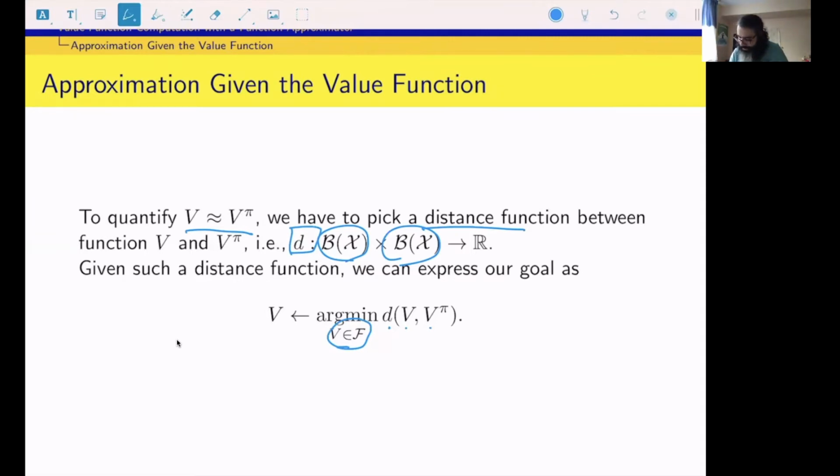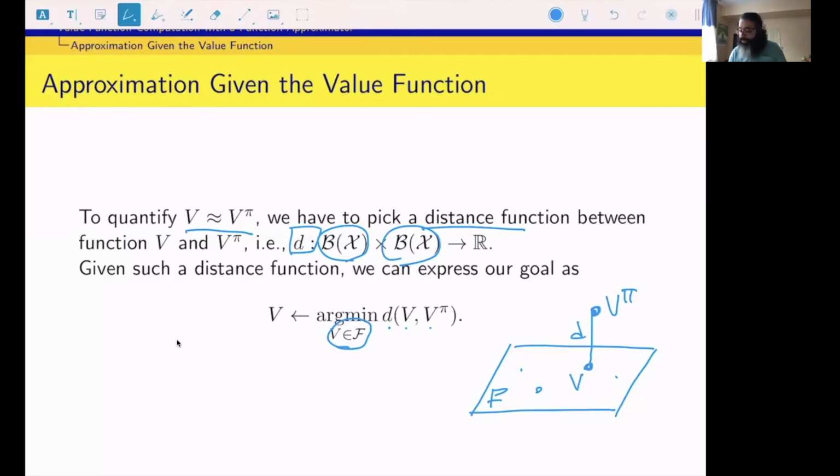So if this is our function space, like this two-dimensional plane I'm showing, and suppose there is this point, which is V pi. I want to represent one function here that has minimal distance. So essentially, I find a point, V here, where this distance function is minimized.